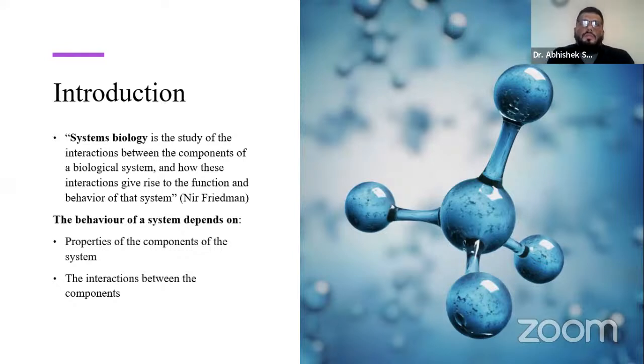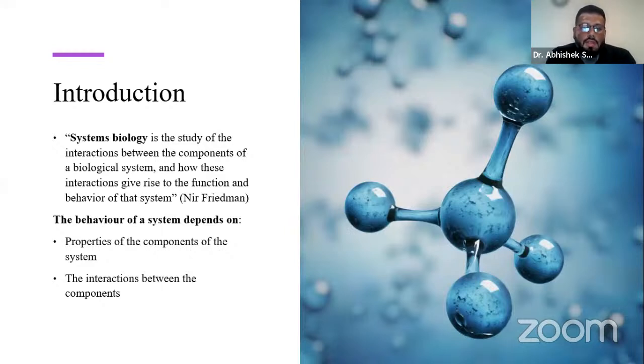Though it is not a very new field of science, researchers have been using these systems biology approaches from the very beginning, since biology started being studied. Initially it used to be called theoretical or mathematical biology.